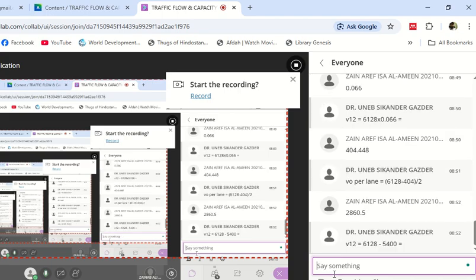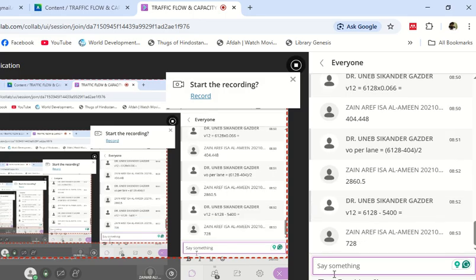So how much is that now? So V12 is recalculated now. The one which I calculated earlier did not satisfy the check. Okay, so V12 is now 728.